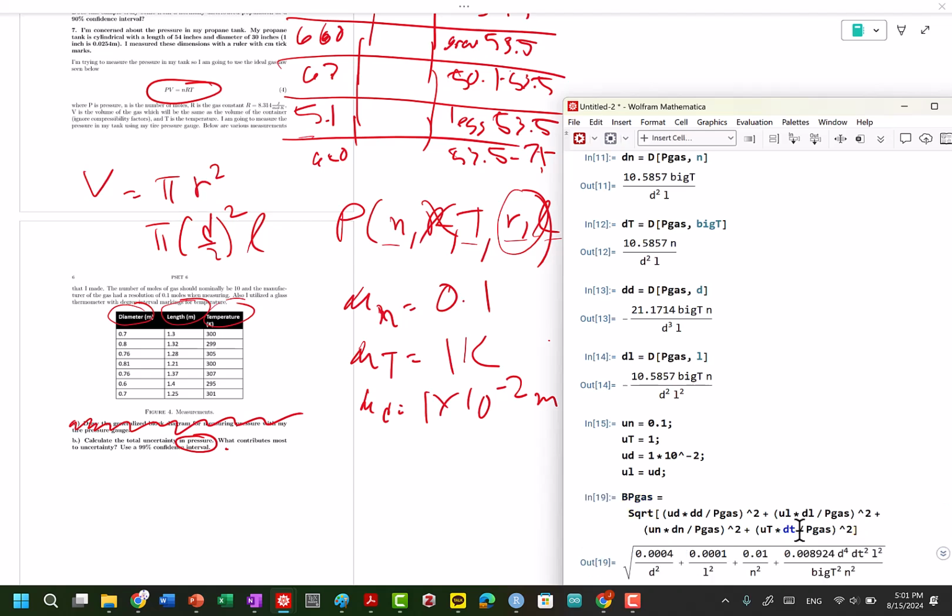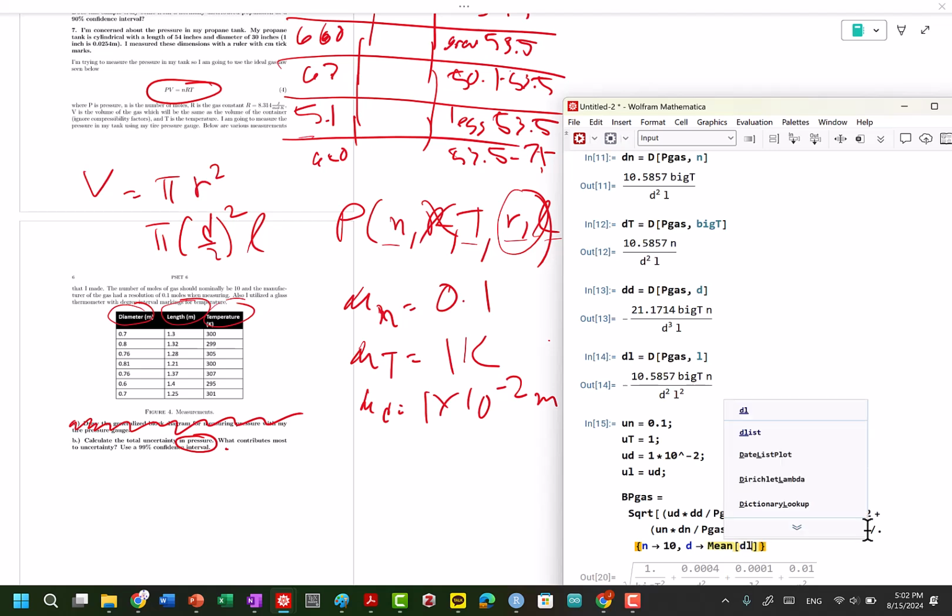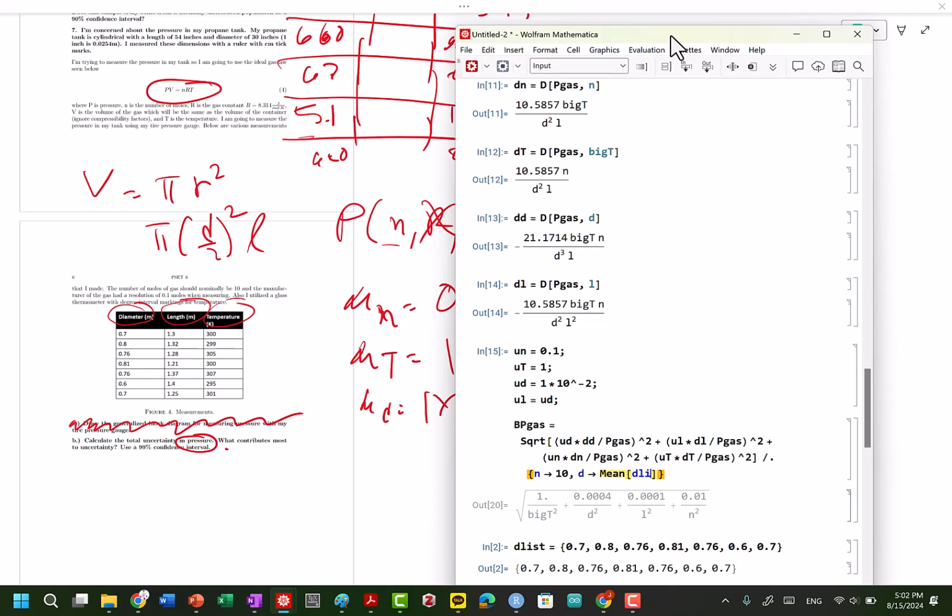We're going to have to substitute nominal values. N, I think the nominal value they said was 10. Yeah, N is 10. D goes to the mean of D list.